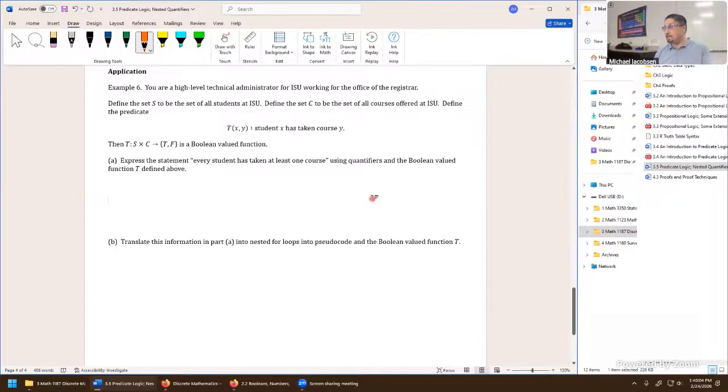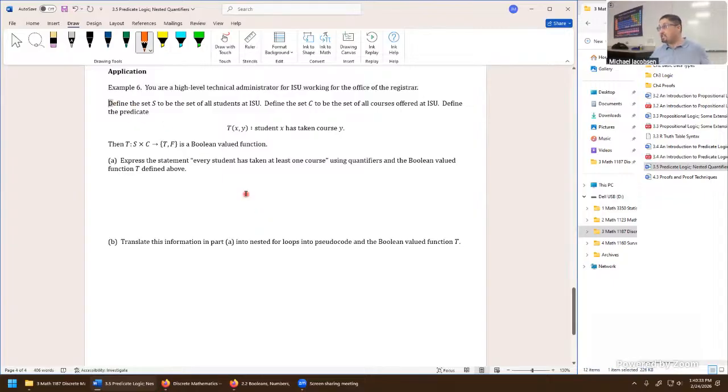But here's the context on example 6. This one's a pretty realistic application, more than it seems, even though it looks like a kind of a simple situation. It starts off by saying, just suppose for the moment, you are a high-level technical administrator for ISU working for the registrar's office. So you have access to lots of pretty interesting, humongous databases. And we're looking into 2 different kinds of databases in particular.